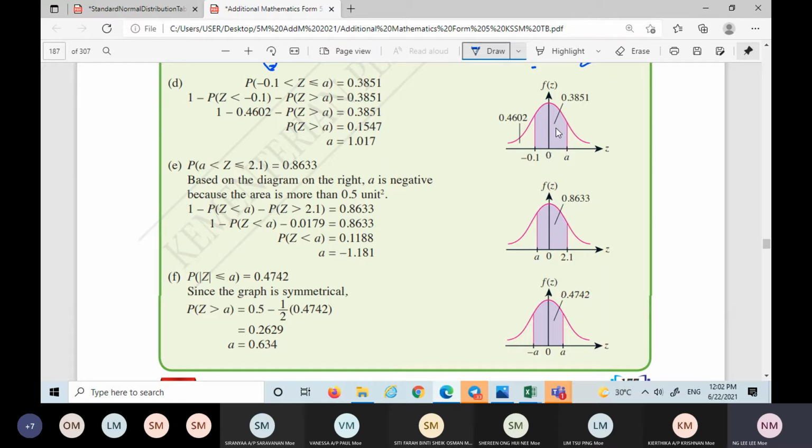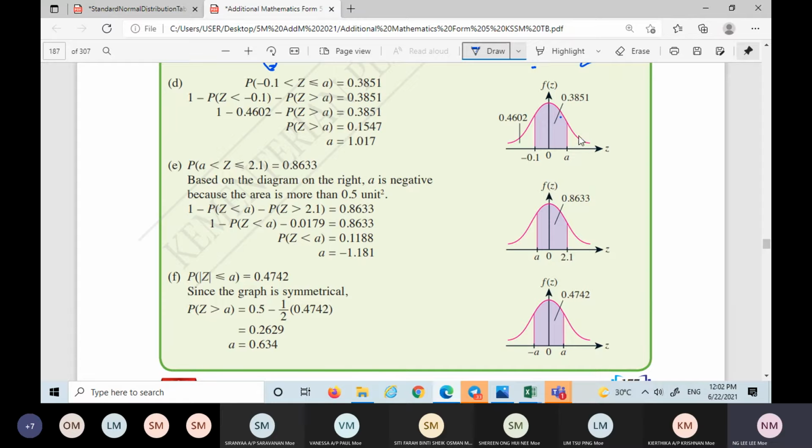It's seldom, but it can be. Because negative 0.1 is on the left already, we try to put A on the right. Then the area between negative 0.1 and A is 0.3851.